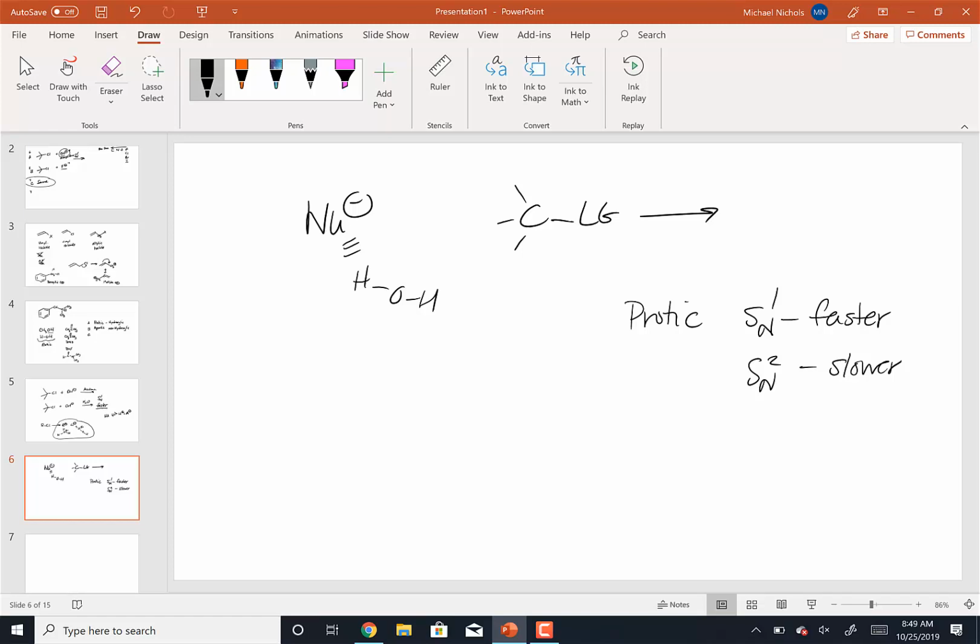It's just they're not doing what the protic solvent is. So it's as straightforward as that. Protic solvents solvate better. SN2, that slows down the reaction. SN1, it speeds it up. Does that make sense? Okay.